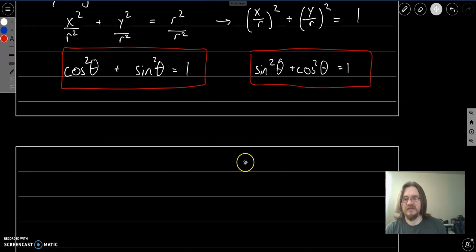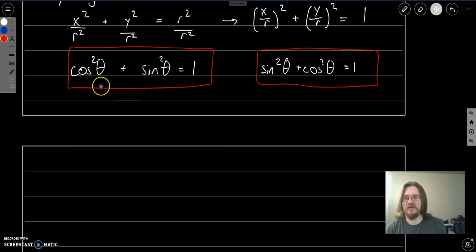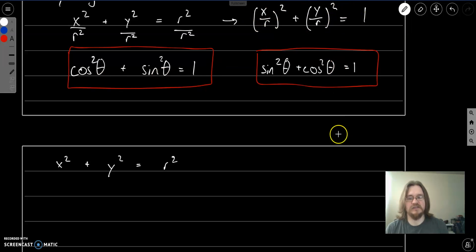So for instance, let's write down our Pythagorean theorem again. So we have x squared plus y squared is equal to r squared. We divided through by r squared, and we got things in terms of sines and cosines. Let's try another one. Let's go through and divide everything by, let's say, x squared.